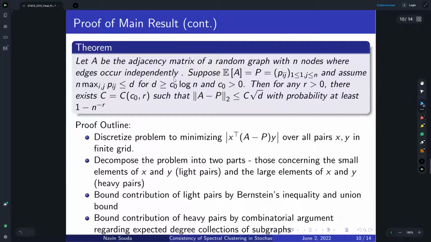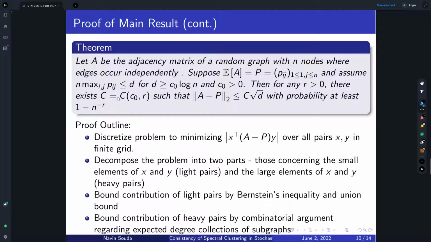Basically, if the expectation of A is equal to some matrix P, and the average expected degree of our matrix, that is, the maximum over i of n times some P_ij, is less than or equal to D, for a D that scales like C naught times log n, then for any R greater than 0, there is a constant capital C, which is a function of that C naught and our choice of R, such that the spectral norm of A minus P, which is A minus its expectation, is less than or equal to C times the square root of D with probability at least 1 minus n to the negative R. And this proof is actually very involved.